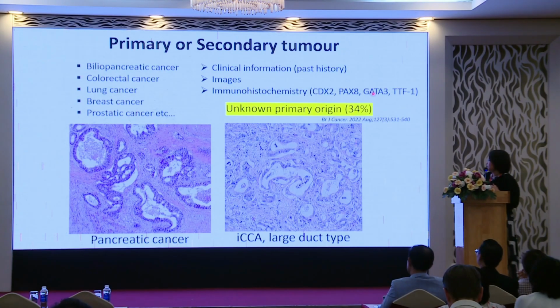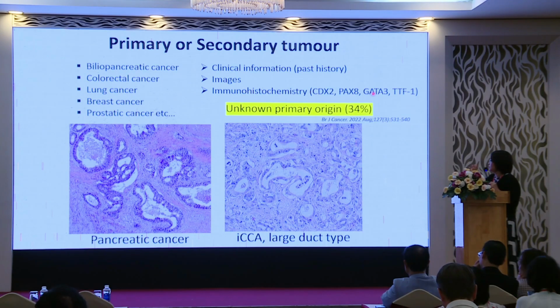So when you see an adenocarcinoma in the liver, firstly, you have to pay attention that this tumor can be primary or secondary, because the distinction between primary and secondary tumor is essential, because the treatment strategy is totally different.